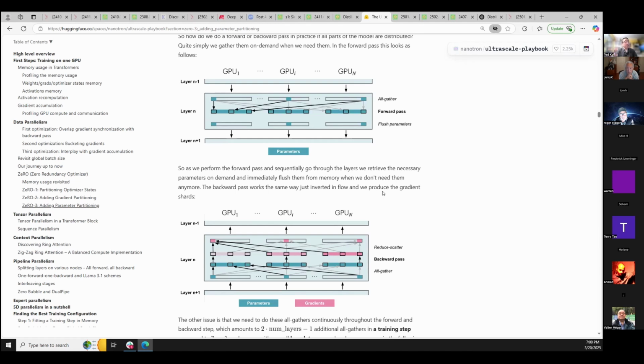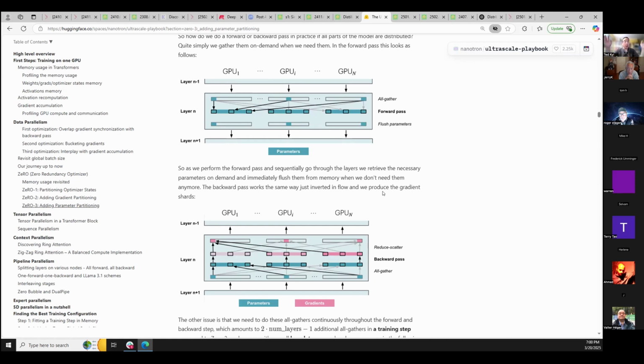Okay. But no one said you had to keep them around when you're doing layer 18. All right. So what happens is there's communication where everybody who has one little slice of the parameters broadcasts them, shares them with all the other GPUs, and we all calculate layer 17.